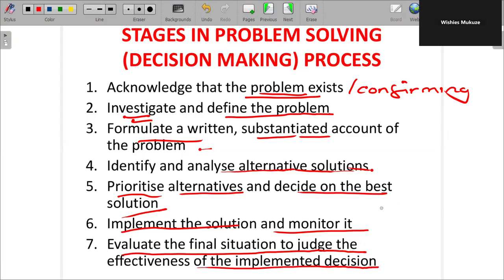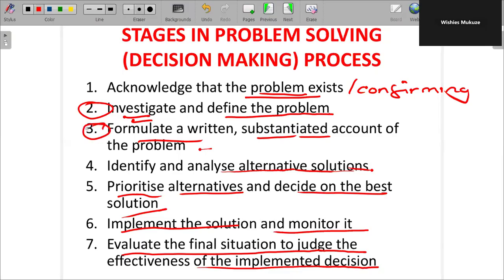So the first one, you need to agree that the problem exists. And then the second step, you investigate and define the problem. You can do research, you can analyze information and data so that you can investigate and define the problem.